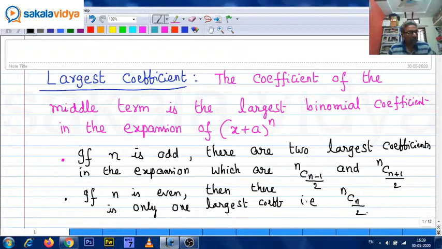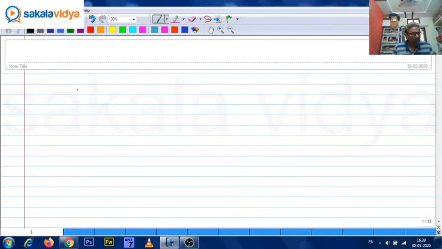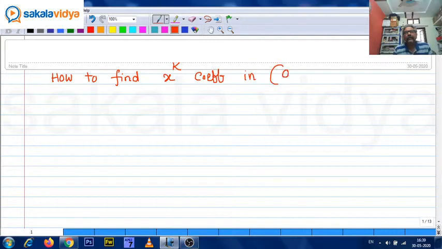Okay. So now, how to find the coefficient of x^k in the expansion of (a x^p + b/x^q)^n?